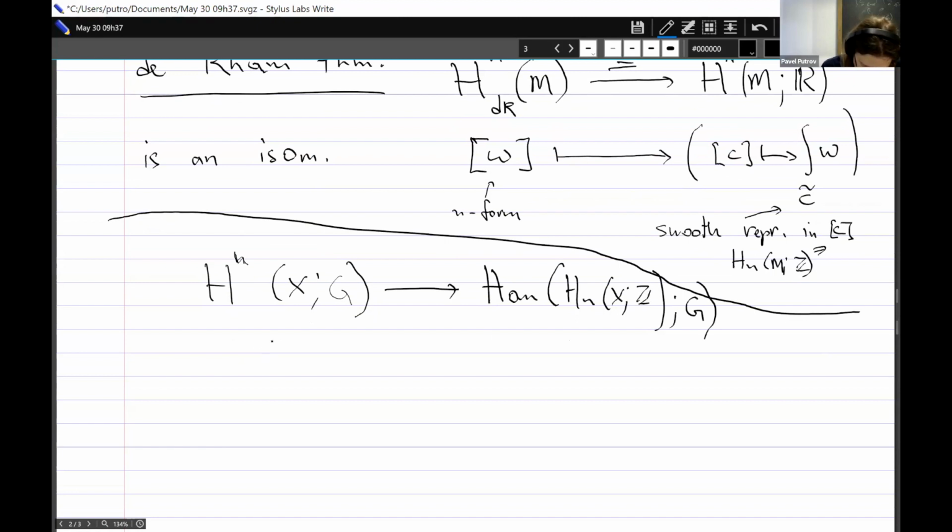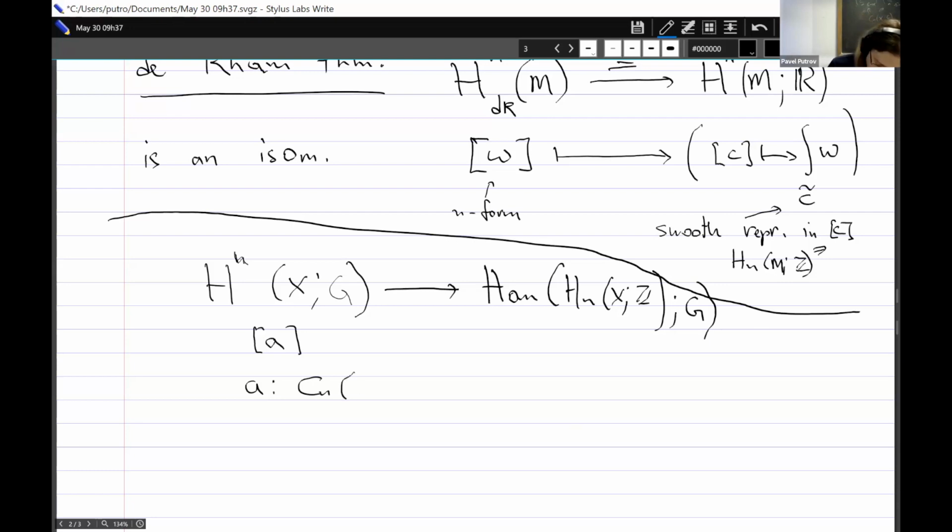So we take alpha, some class of A, where A is a map from C_n.